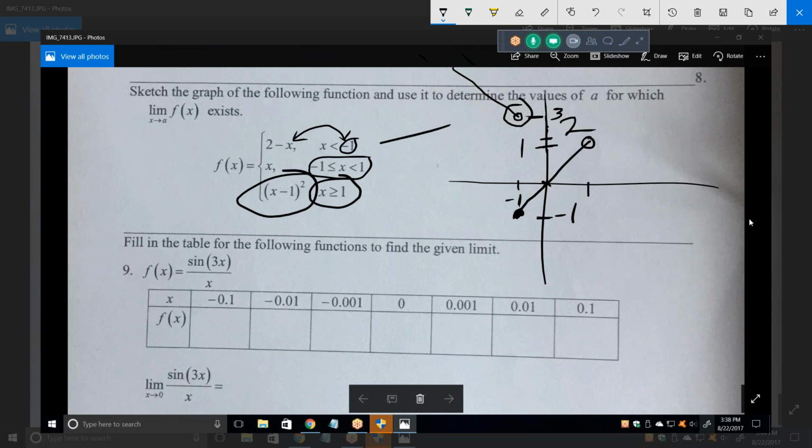Well, what's the value of the parabola when x is equal to 1? In other words, when x is equal to right there, what's f of x equal to? I don't know. Plug it in. X equals 1.